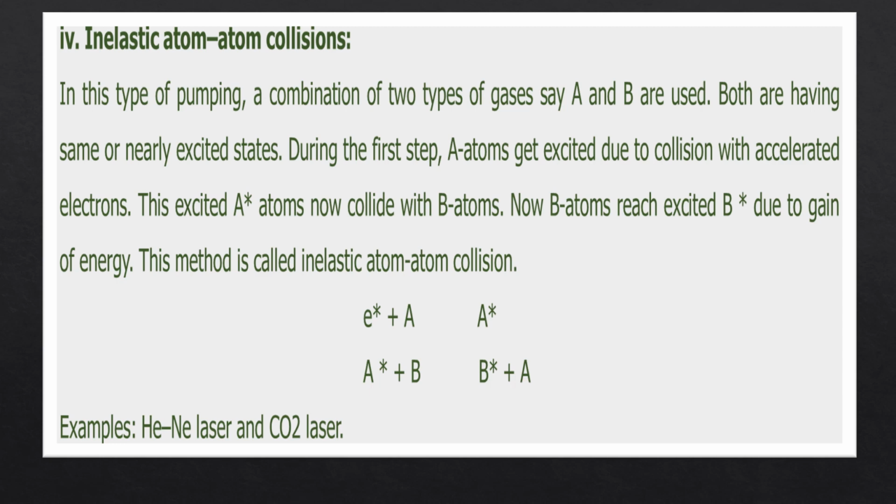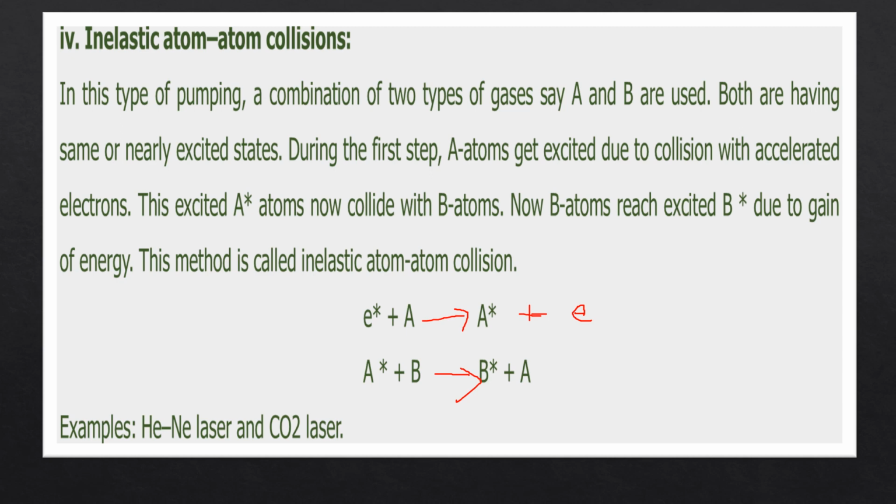That is, you could see that E star plus A gives A star plus E, where E is the electron, which is going to have much less energy. Then A star plus B will give rise to B star plus A, and this process continues.